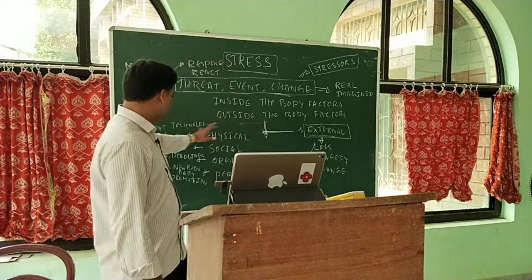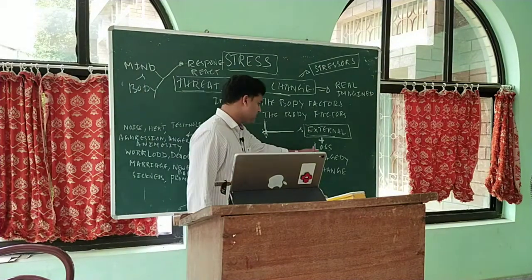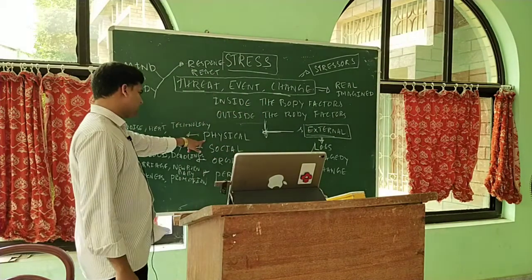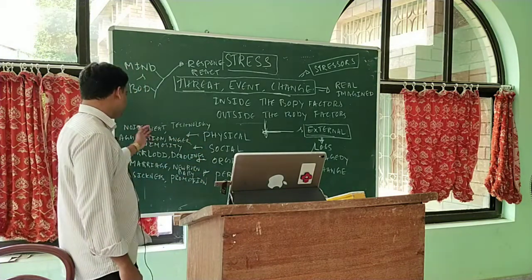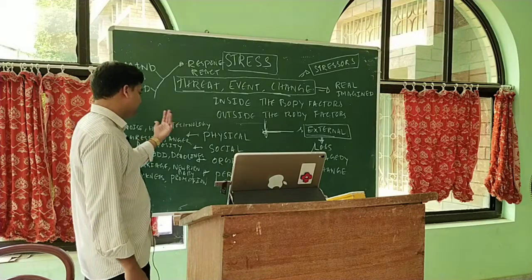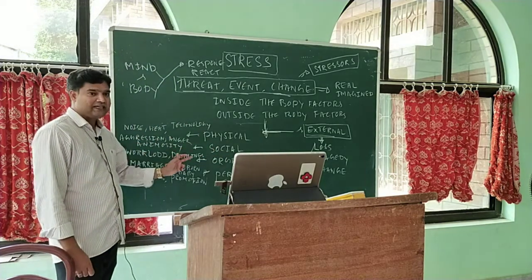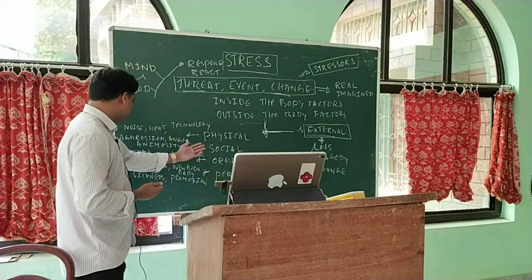So these are common external stressors. We said generally they are loss, tragedy, or change, and they can be subdivided into physical, social, organizational, and personal. The physical: noise, heat, or technology. The social: aggression, anger, animosity that a person experiences outside in society.